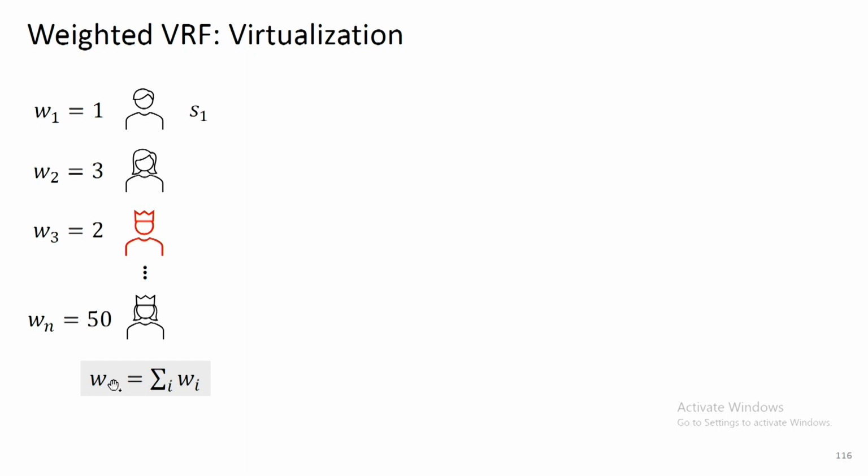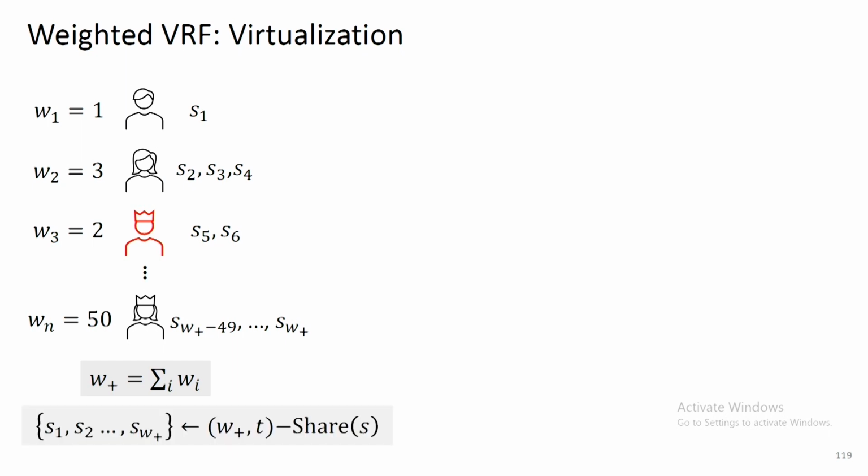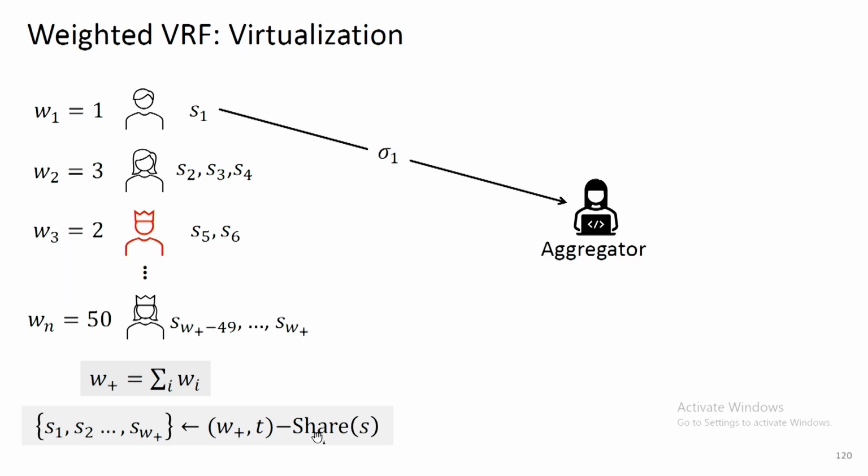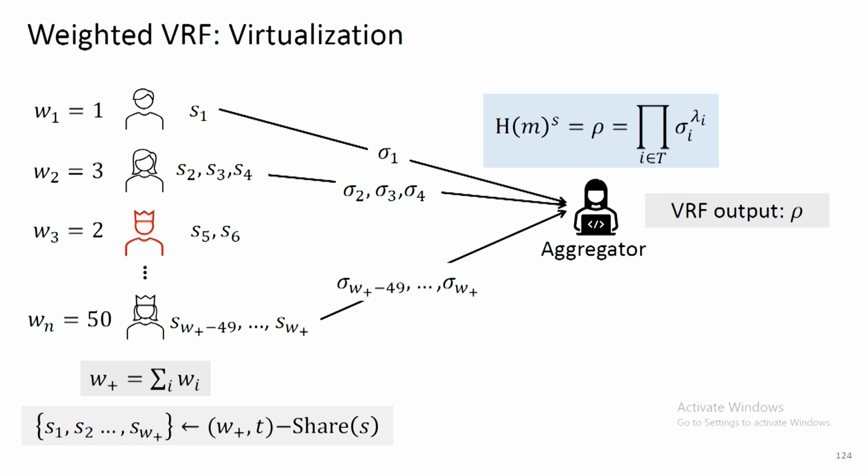Then we can assign to each party signing keys proportional to their weights. These will be secret shares using a very high degree polynomial. In the VRF evaluation, each party computes a number of partial VRF outputs proportional to their weights. The rest of the steps are very similar.